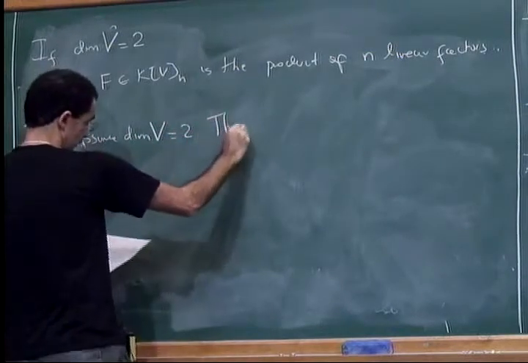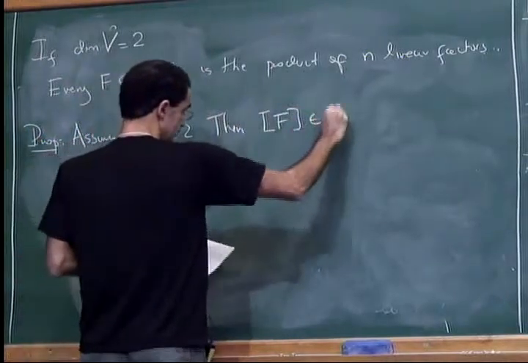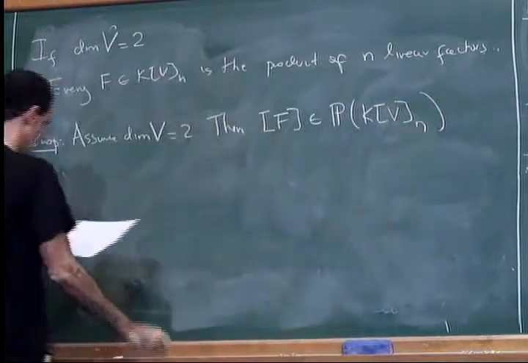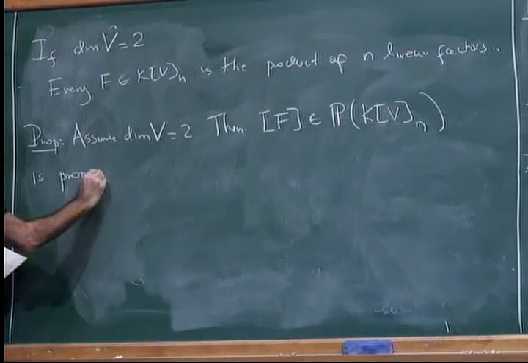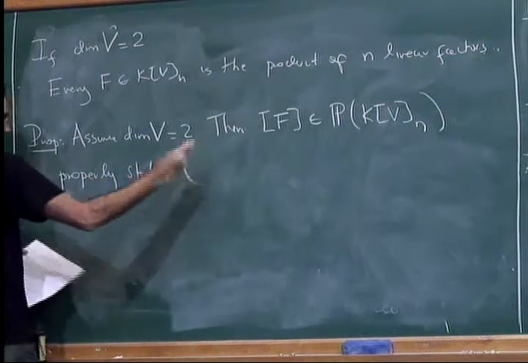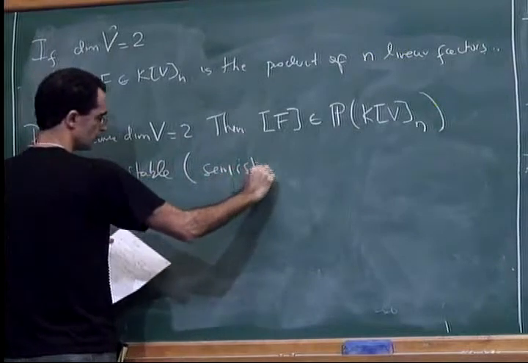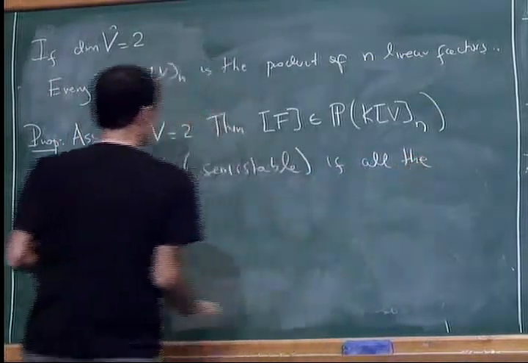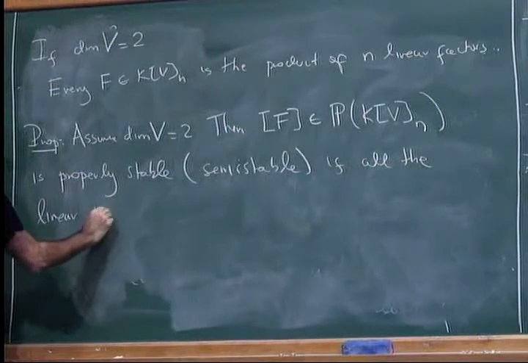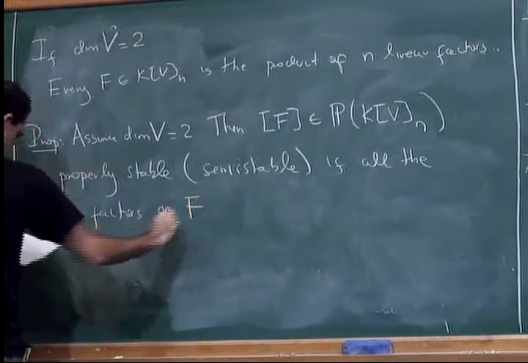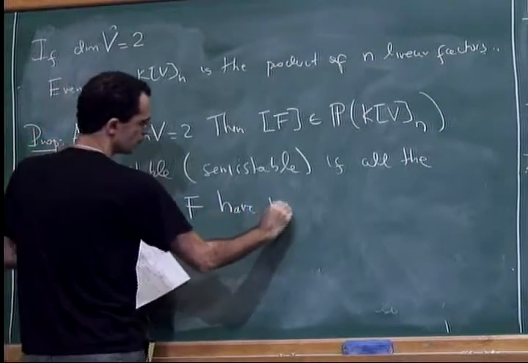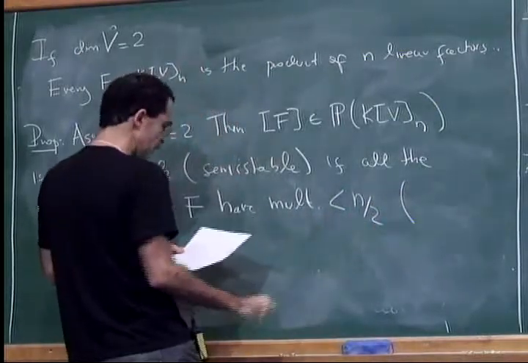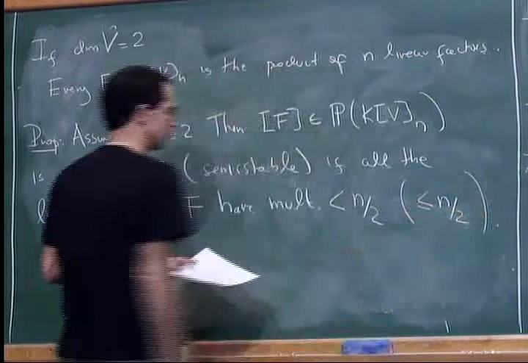Then the corresponding point in the projective space is properly stable or semi-stable if all the linear factors of f have multiplicity less than n over 2, or in the case of semi-stability, we don't need to be so strict, less or equal than n over 2.